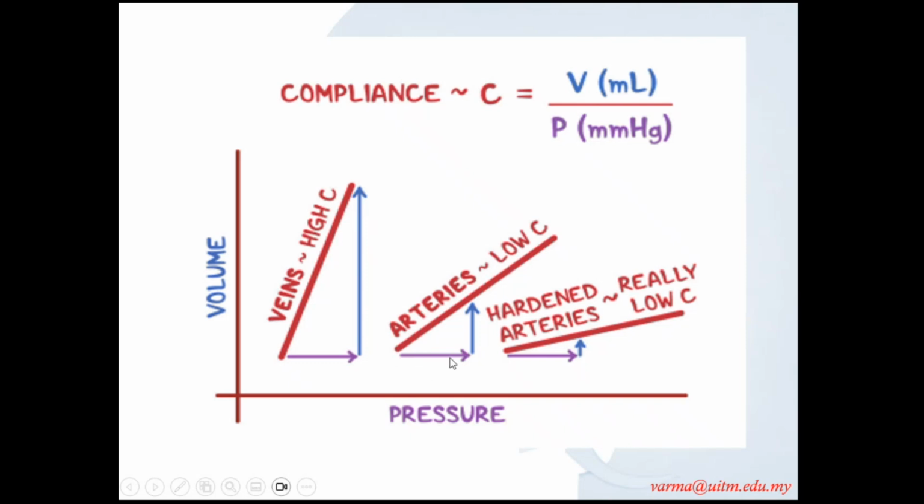More increase in pressure is needed to maintain a certain volume. In older people with stiffer arteries, even higher pressure is needed to maintain a certain volume. That's why you can see, as age goes by, the pressure increases because vessel compliance comes down. So to maintain the volume, they have to increase the pressure.